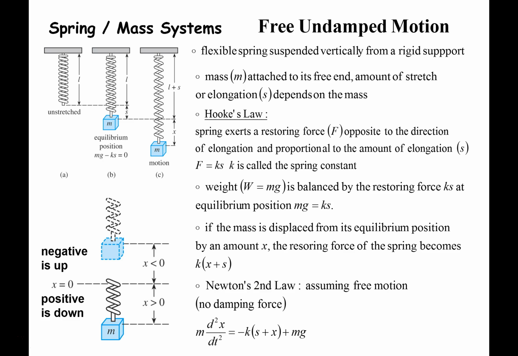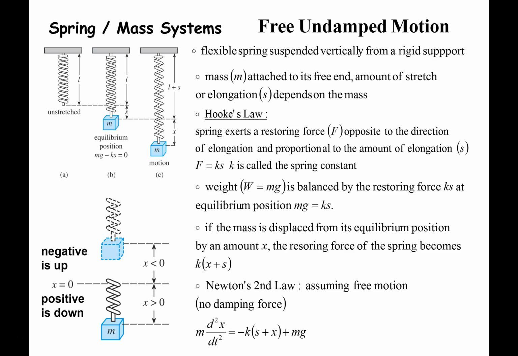And so then the sum of these forces should be equal to the mass times acceleration. So the restoring force is negative because it's acting upward. The weight is positive, it's acting downward. So minus k times the quantity of x and S added together should then be added to mg for the total forces acting on the spring.